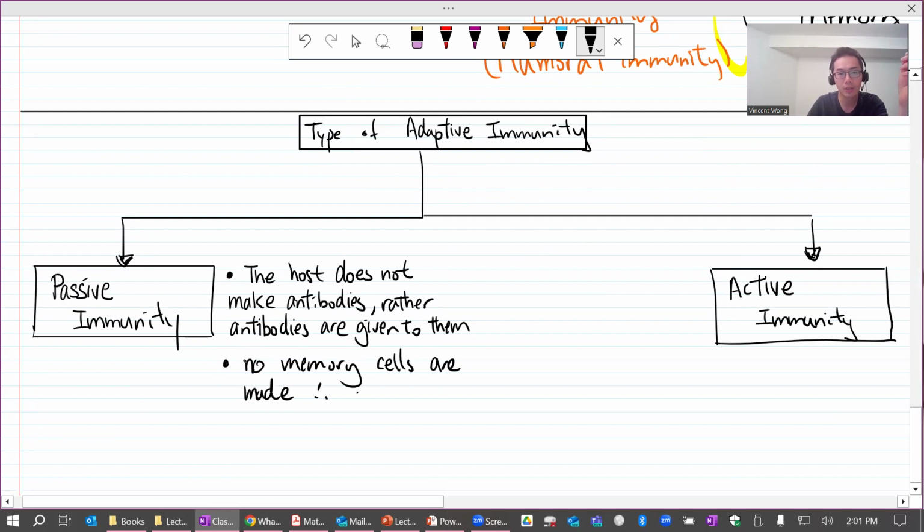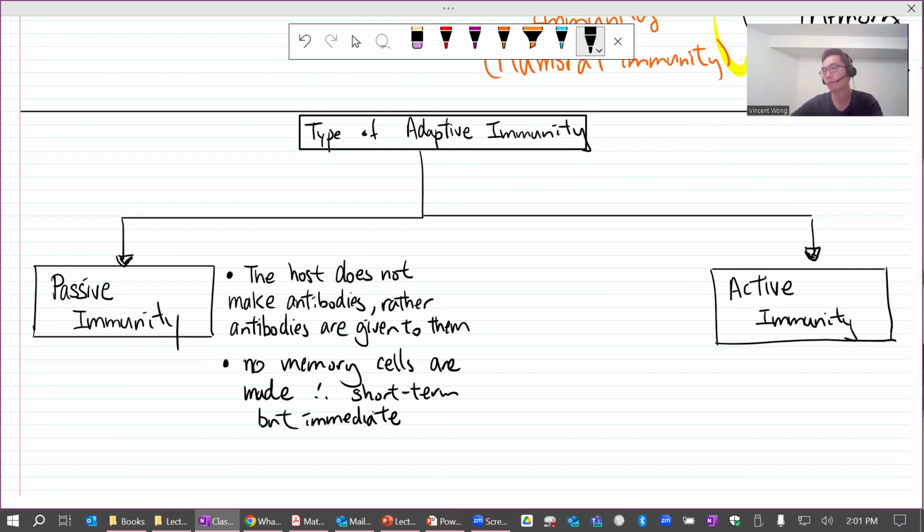Therefore, it is short-term but immediate protection. Just like studying for a test: if you don't study and you just cheat, someone gives you the answer, you're not going to remember the answers. It's just going to be short-term, but you will get the answer right away.